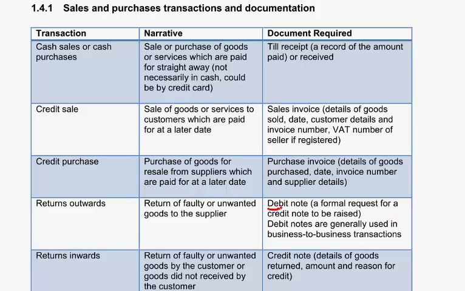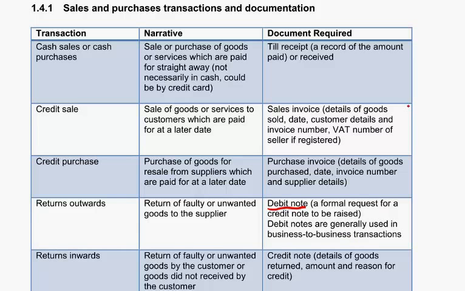Please note here, debit note, which is a formal request for a credit note. These are normally only used by large organisations. Small businesses generally don't use debit notes, and in fact they're quite rare. You're not likely to come across them very often.